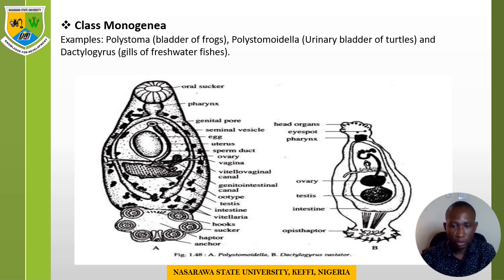So this is the structure of Dactylogyrus, and the structure of Polystomoidella under the class Monogenea.